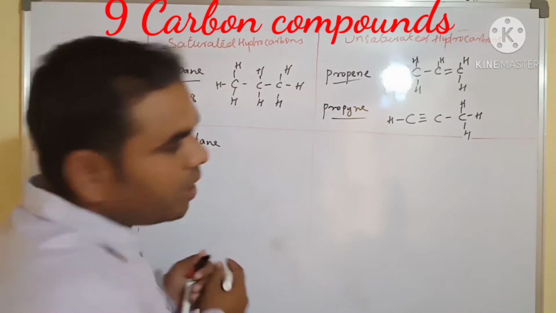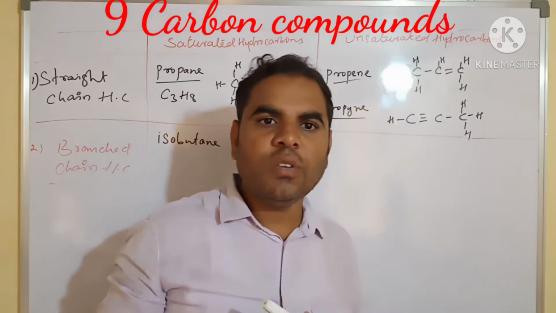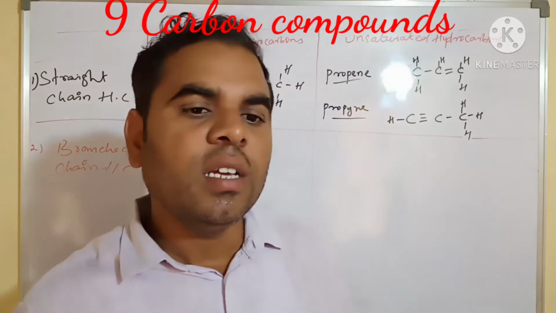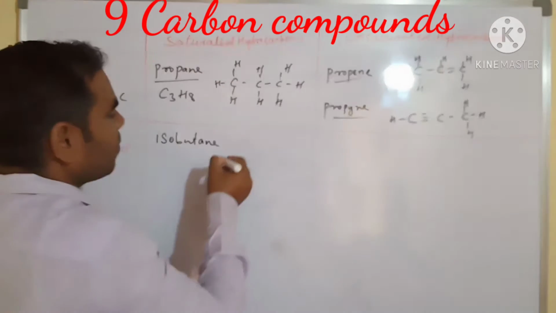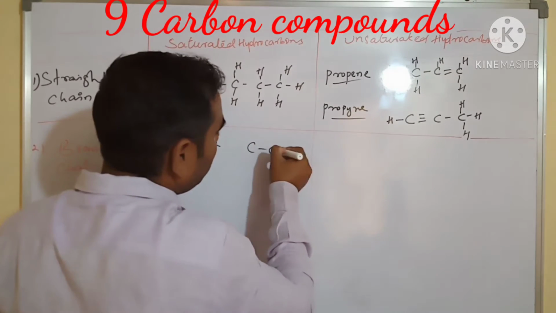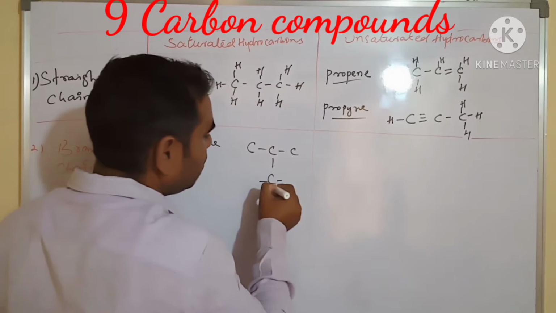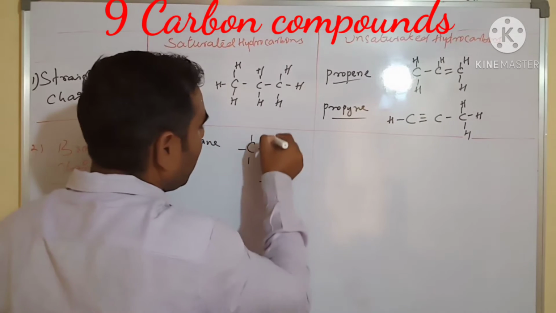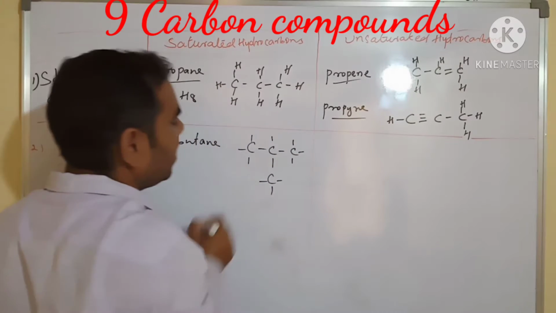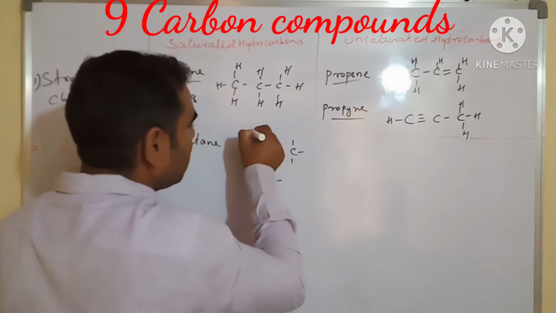The butane formula you know, C4H10. Here, 1, 2, 3, at the second position there is 1 methyl group.